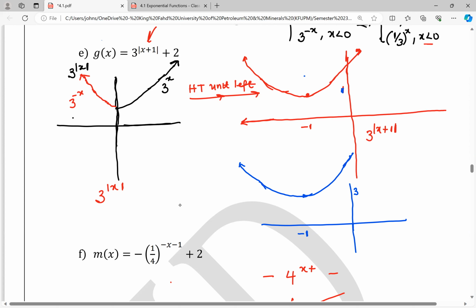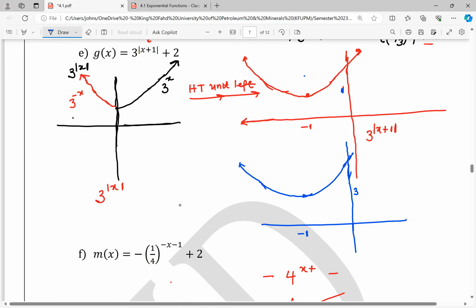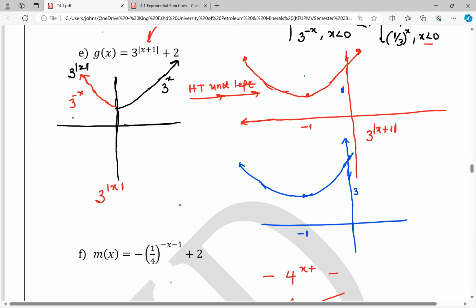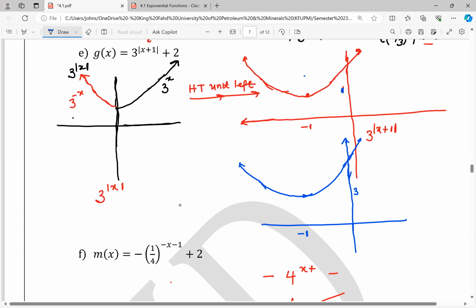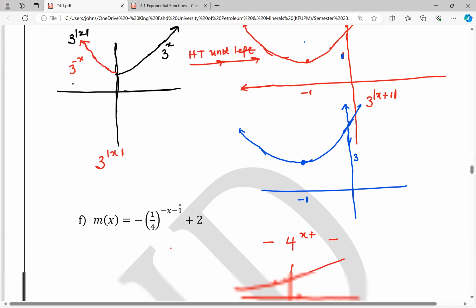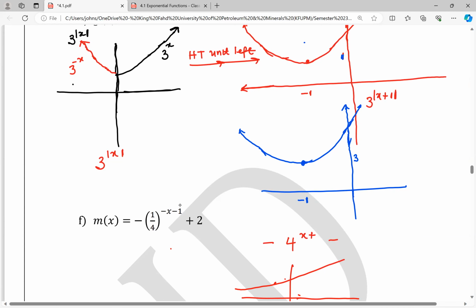Now we need to take care of the asymptotes, because the blue graph will continue going. This is how the graph will look. Now, if you want to know the y-intercept, just use the definition of intercept.